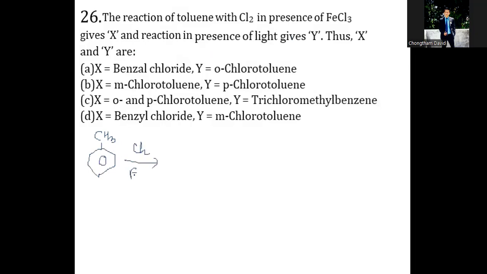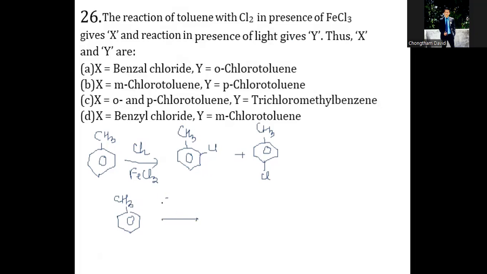Chlorination in the presence of ferric chloride, chlorine, para position. Again toluene, chlorination in the presence of light. One is in the presence of ferric chloride, another is in the presence of sunlight, benzyl chloride.